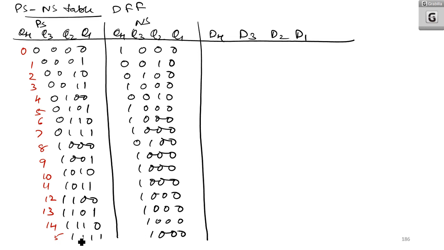Now, if you are writing the excitation table of D, you will get that it is similar to the next state Q itself. Therefore, we can write D4 as 1, 0, 0, 1, 0, 1, 1, 1, 1, 1, 1, 0.